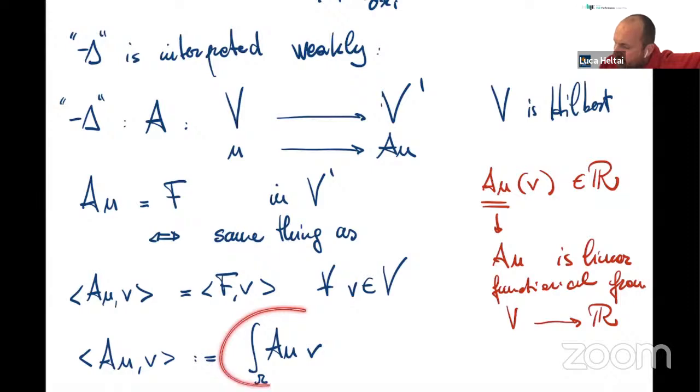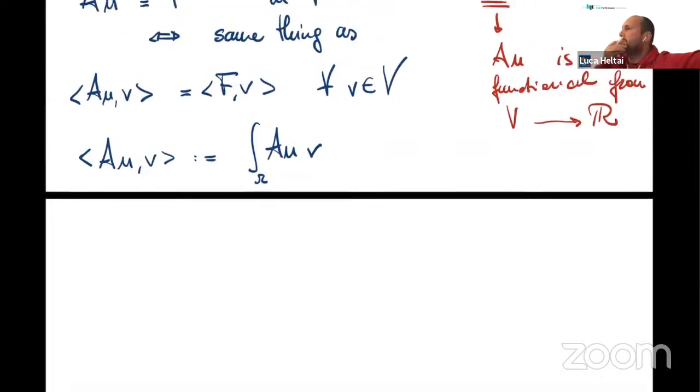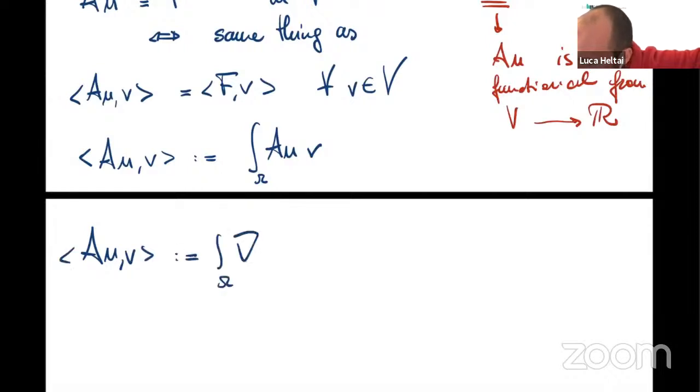And this is formally written in this way. And we will see that if you apply the definitions of the weak derivatives as they should be, then the weak form of the problem can be written as a(u,v) is defined as the integral on omega of the gradient of u, gradient of v.